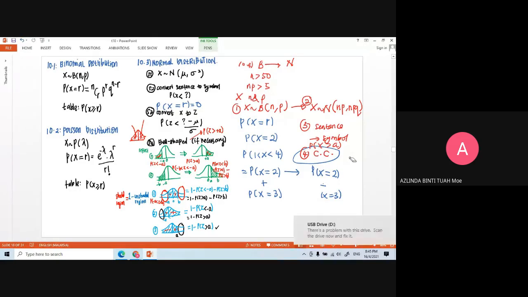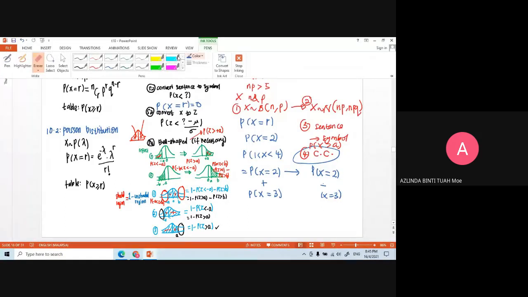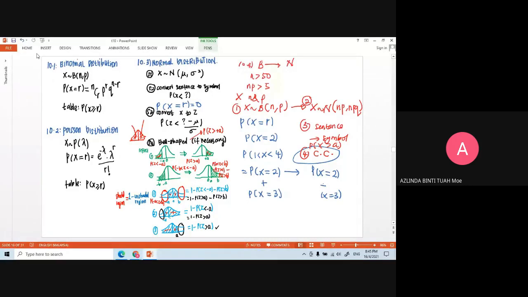Normal distribution is continuous. Okay, discrete pergi ke continuous adalah dua dunia yang berbeza. Jadi bila nak merge daripada binomial pergi ke normal, kita kena tukarkan every single integer number menjadi decimal number. Itu yang kita kena buat dalam continuity correction.